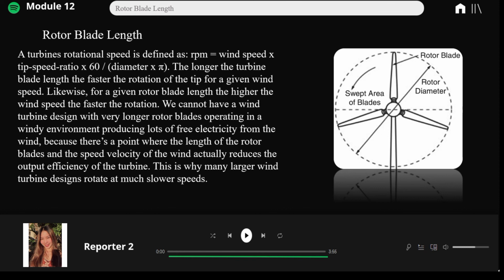We cannot have a wind turbine design with very long rotor blades operating in a windy environment producing lots of free electricity from the wind, because there is a point where the length of the rotor blades and the speed velocity of the wind actually reduces the output efficiency of the turbine. This is why many larger wind turbine designs rotate at much slower speed.